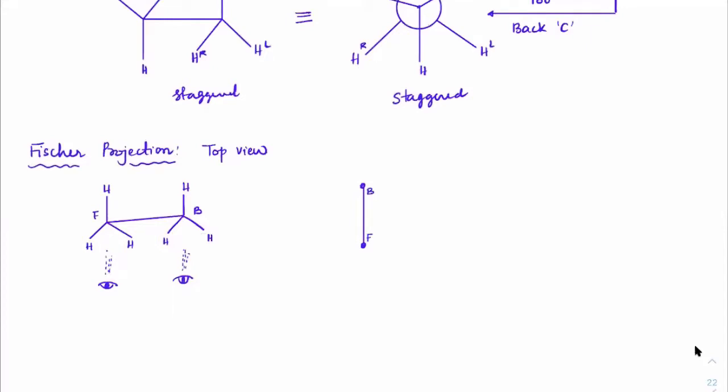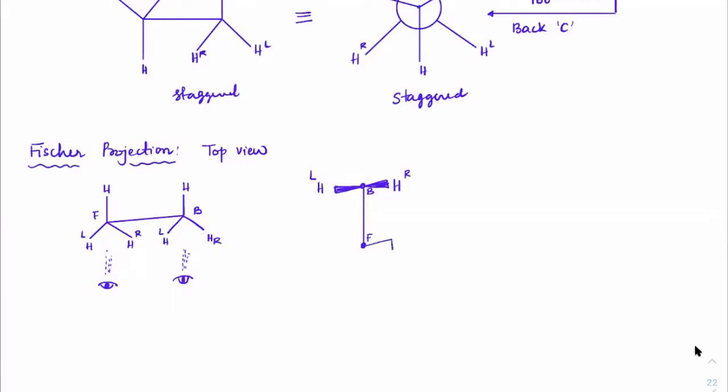And on the back carbon, if you observe, these two hydrogens are pointing towards you. This one is the right one, this one is the left one. So the right H and the left H are pointing towards you.